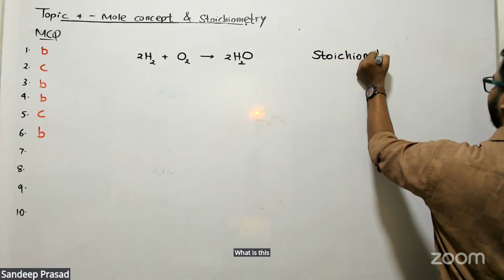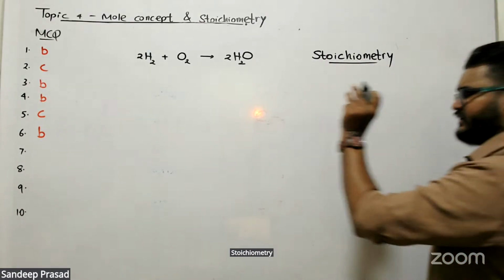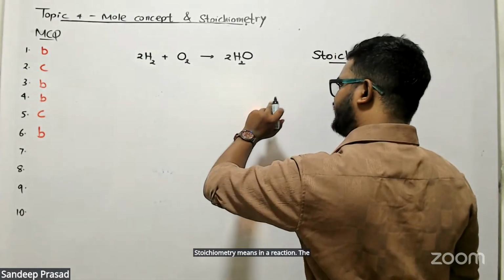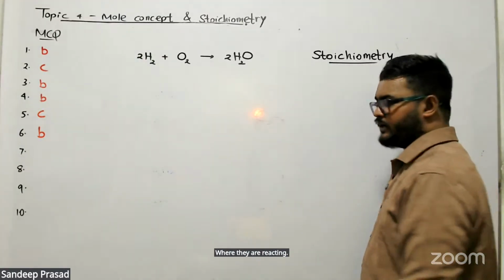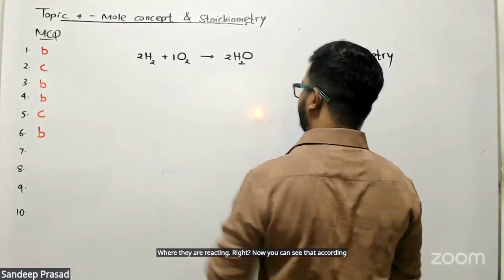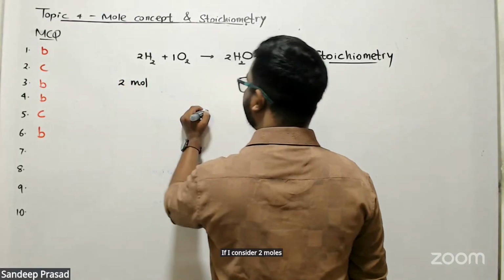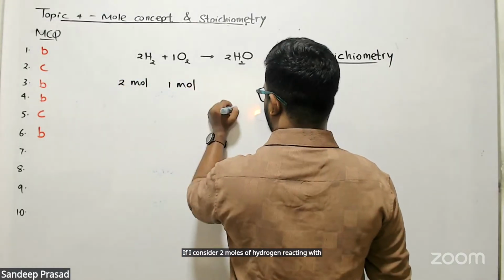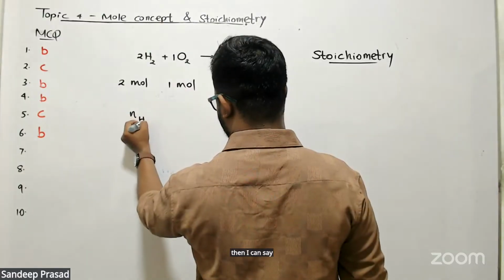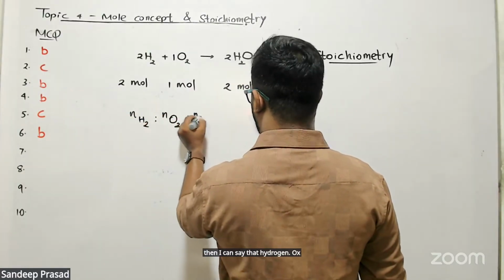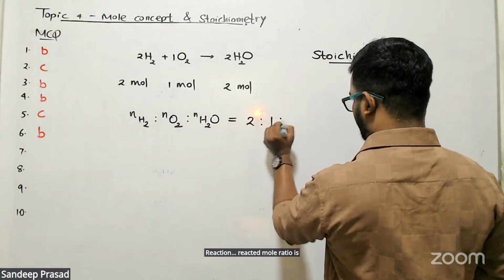What is this stoichiometry? It's a very simple thing, okay? Stoichiometry means in a reaction, the ratio between the reactants or the products where they are reacting. Now you can see that according to this reaction, if I consider 2 moles of hydrogen reacting with 1 mole of oxygen to produce 2 moles of H2O, then I can say that the hydrogen, oxygen, water reacted mole ratio is 2:1:2.